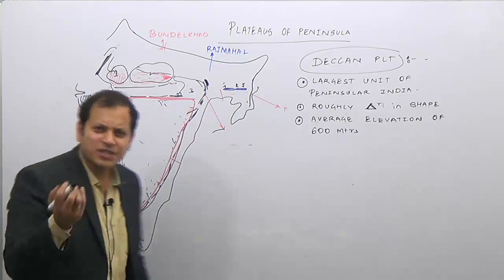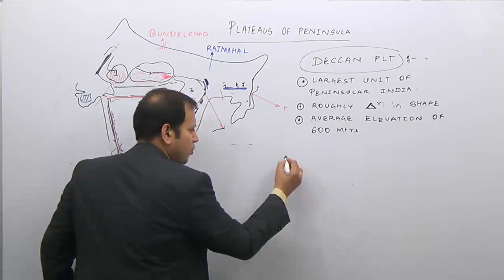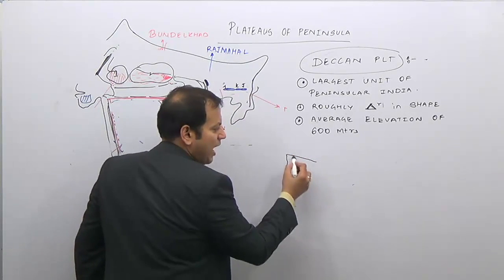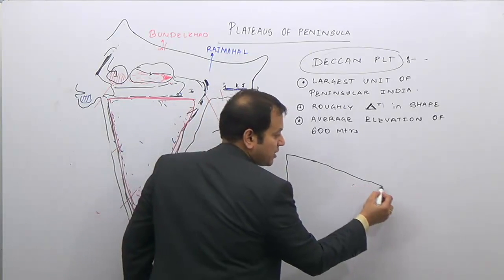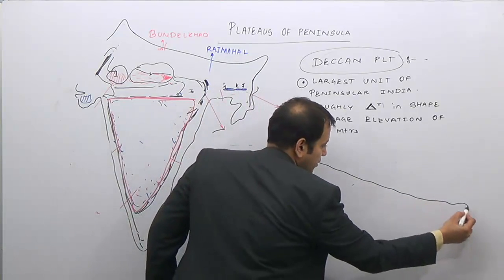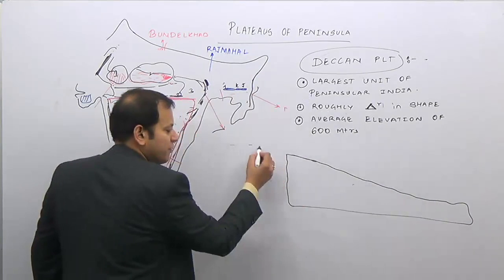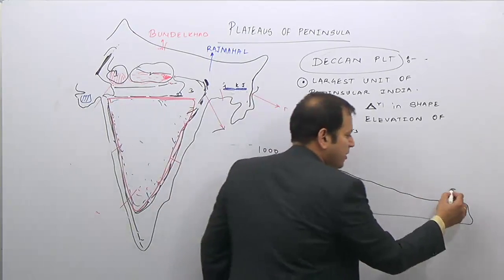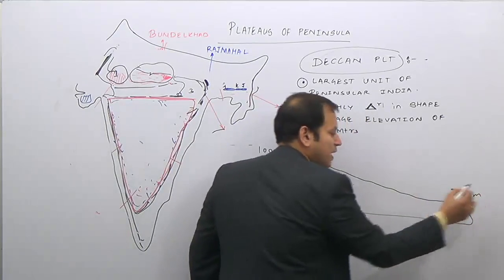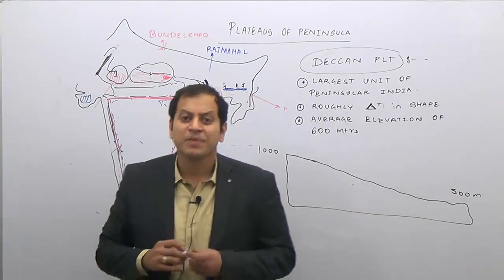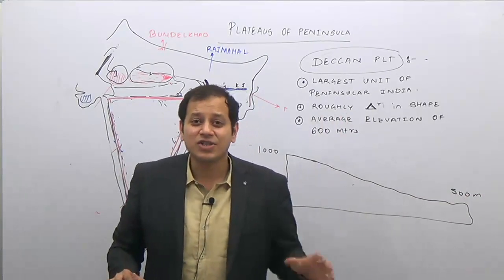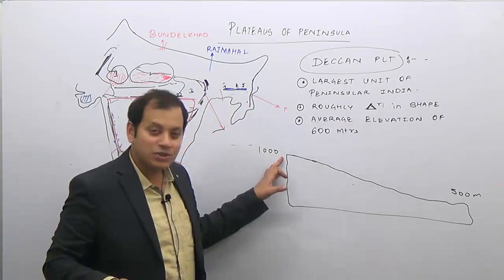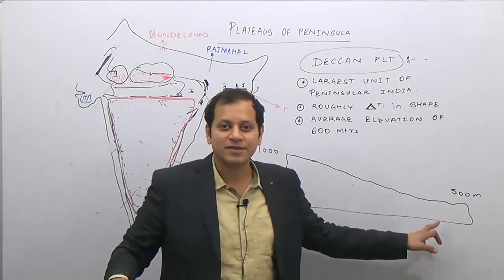The higher elevation is found in the western part, while the lower elevation is found in the eastern part. The western part is very high, around 1000 meters, while the eastern part is at a lesser height of around 500 meters. That is the general direction of the slope of the peninsular plateau: from west to east.